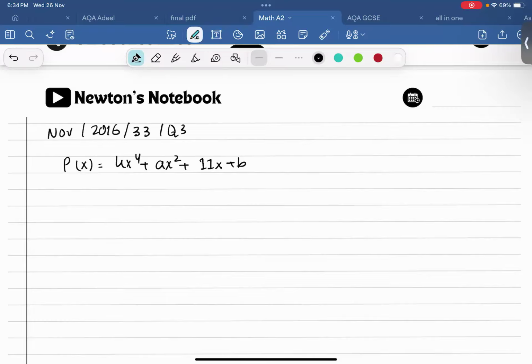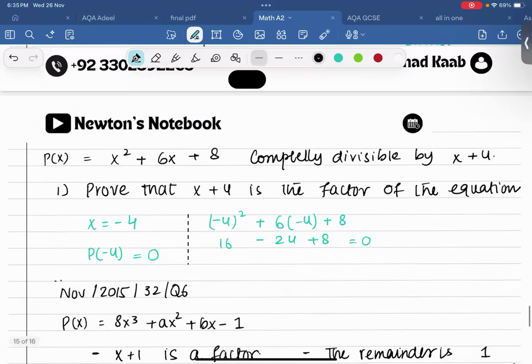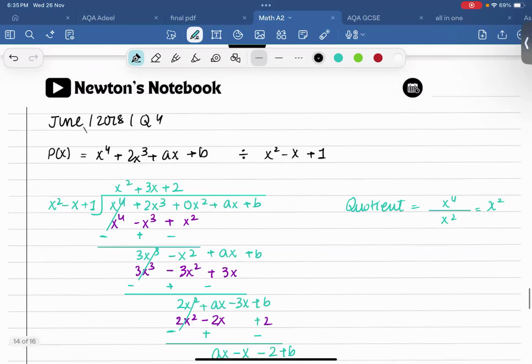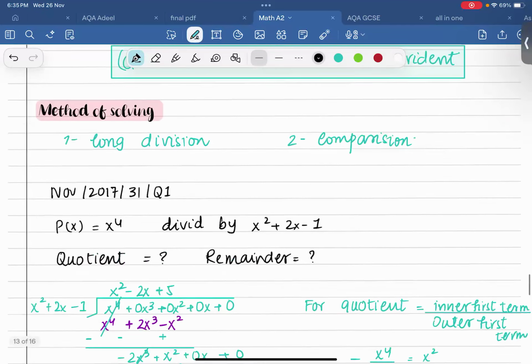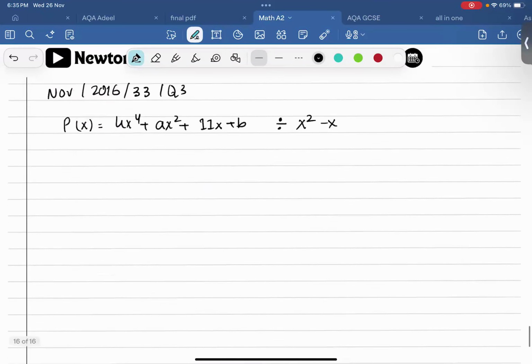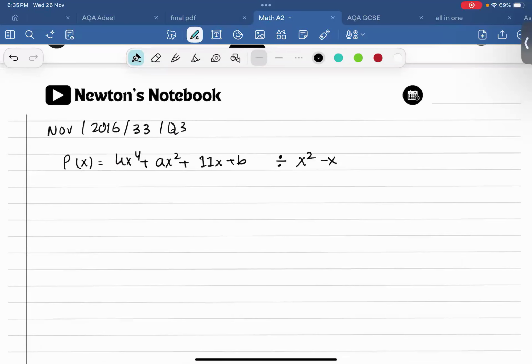It is given that p of x, which is a polynomial of x, is divisible by, okay, so in the question they're saying it is divisible by x squared minus x, minus x and minus 2, okay, minus x, plus 2, fine.